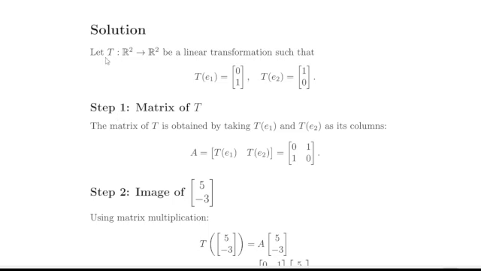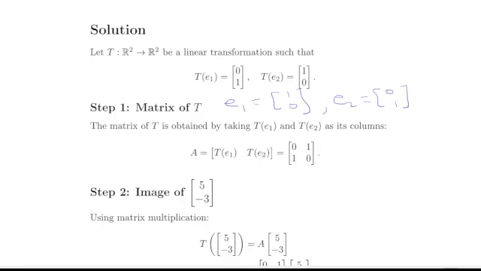In this video, we're given a transformation from R2 to R2 such that T of e sub 1 is equal to 0, 1, and T of e sub 2 is equal to 1, 0. So recall that e1 is 1, 0, and e2 is 0, 1.